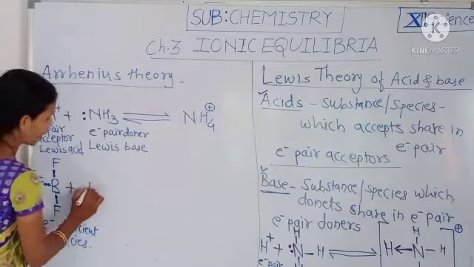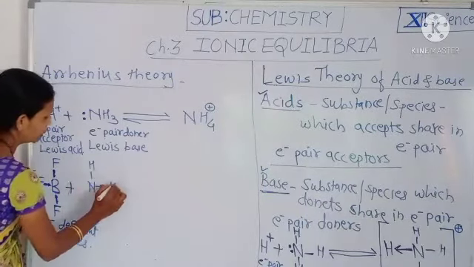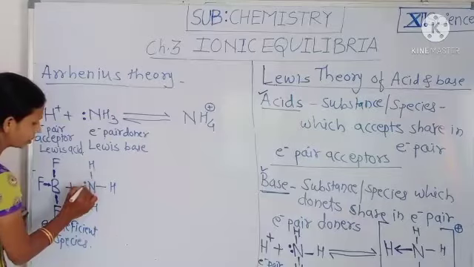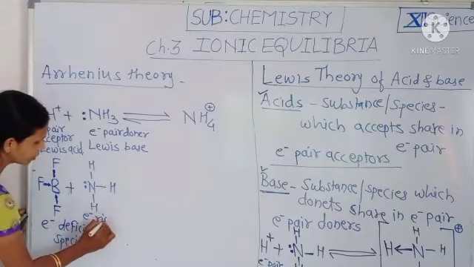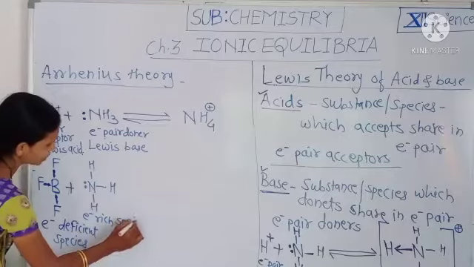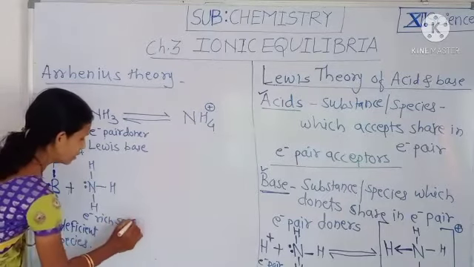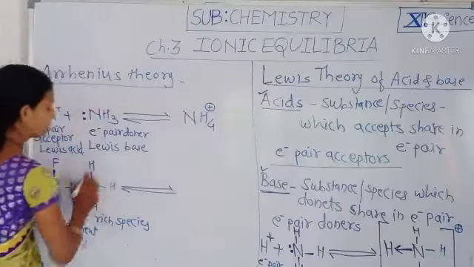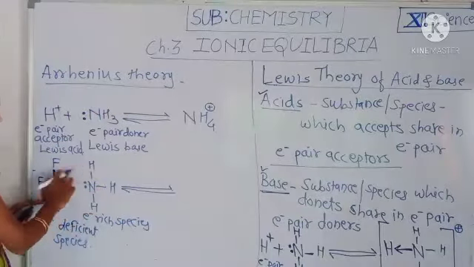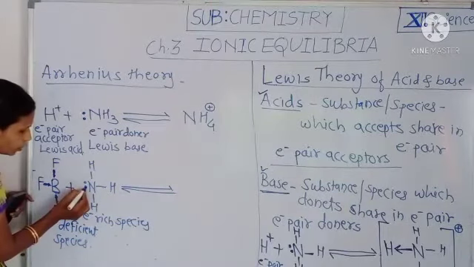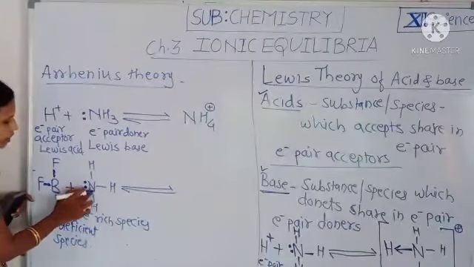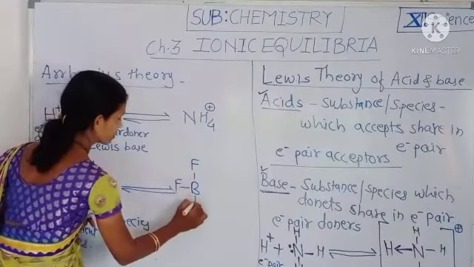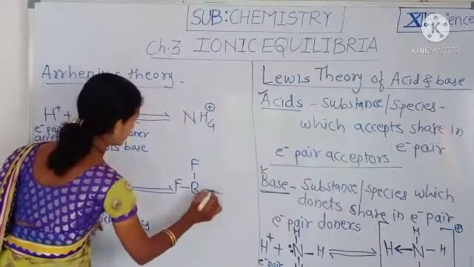And when ammonia, which is an electron rich species, reacts with BF3, NH3 combines with BF3, and the lone pair of electrons residing on nitrogen is shared with boron to form the complex or coordinate compound.